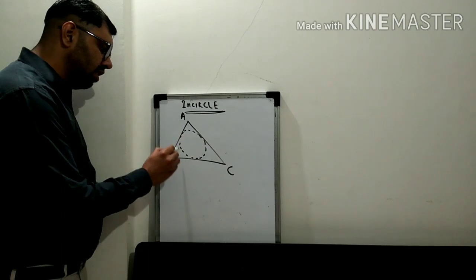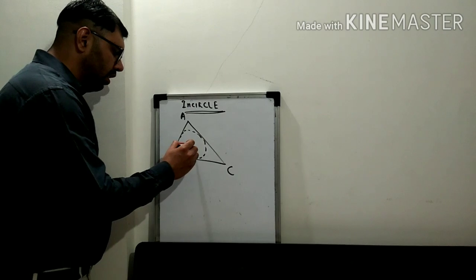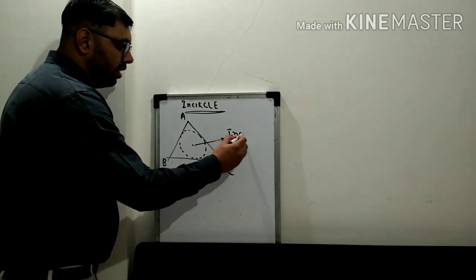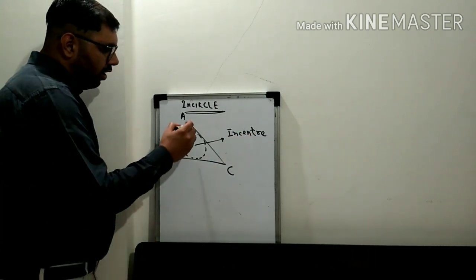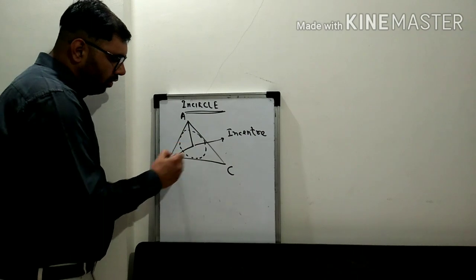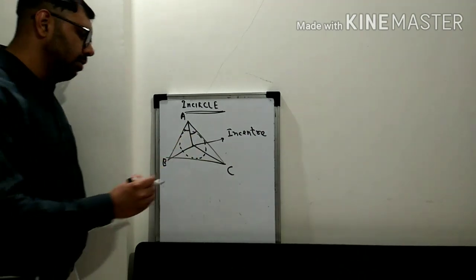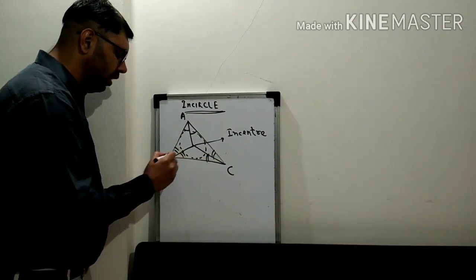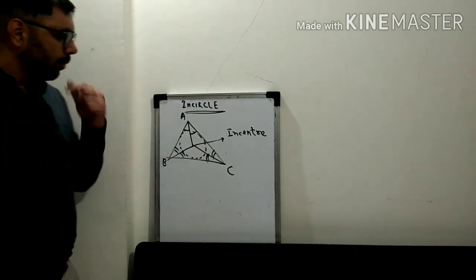The center of the incircle is called the incenter, and alternately it is the point of intersection of angle bisectors. So this is the basic definition for the incircle and incenter.